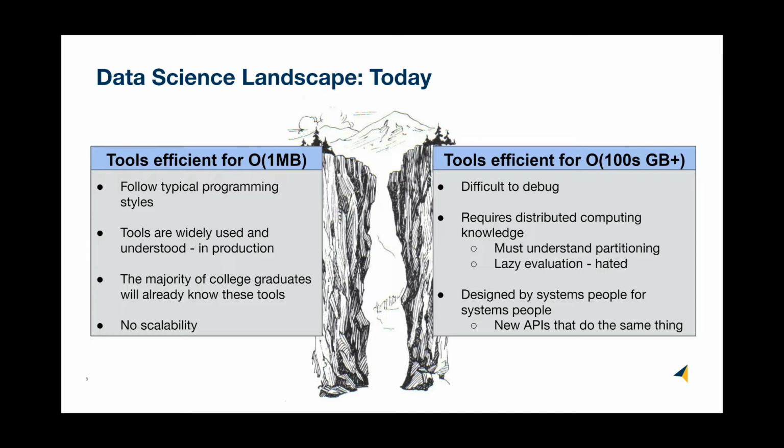A lot of them also require distributed computing knowledge, like understanding partitioning. A lot of systems will punish you if you don't know how to partition your data well. And lazy evaluation is also commonly hated by people who are interacting with their data. Back to debuggability, you might find out 20 lines later that your line of code actually had a bug in it, but 3 hours later.